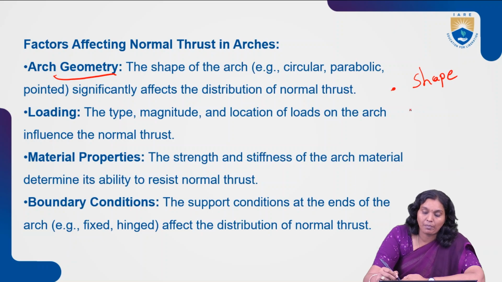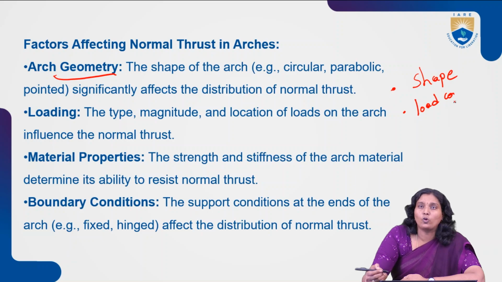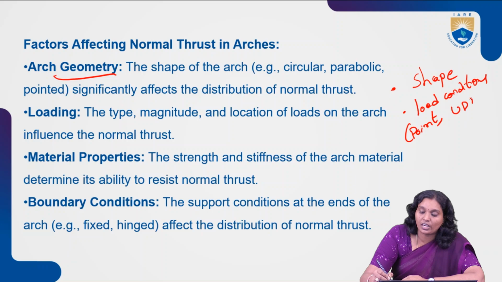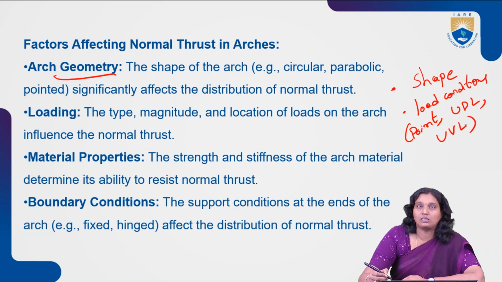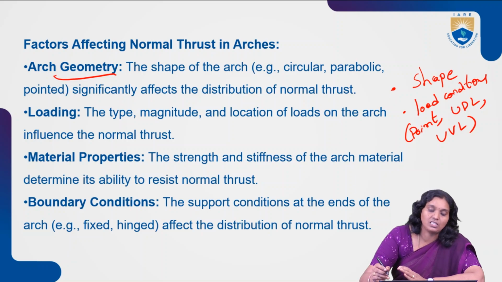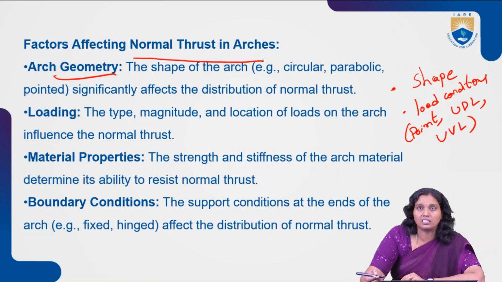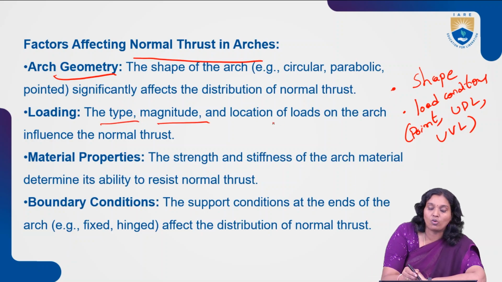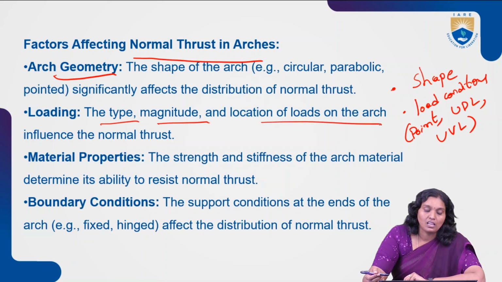Also the load conditions: what type of load, whether it is a point load, a concentrated load, a uniformly distributed load, or a uniformly varying load at a particular location. There are different kinds of load conditions, and this is one more parameter that influences the normal thrust of arches. So the type, magnitude and location of the loads on the arch influence the normal thrust.